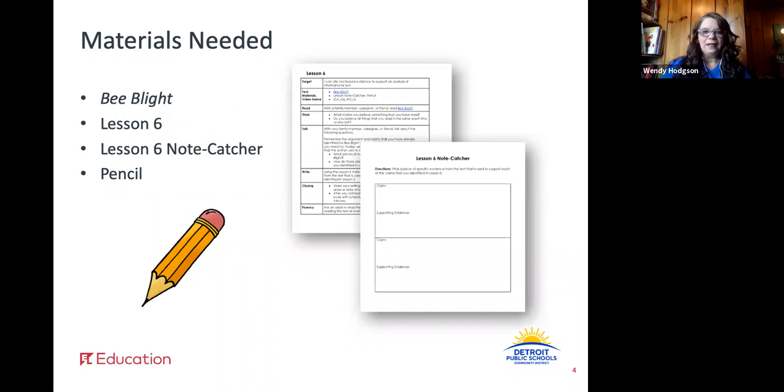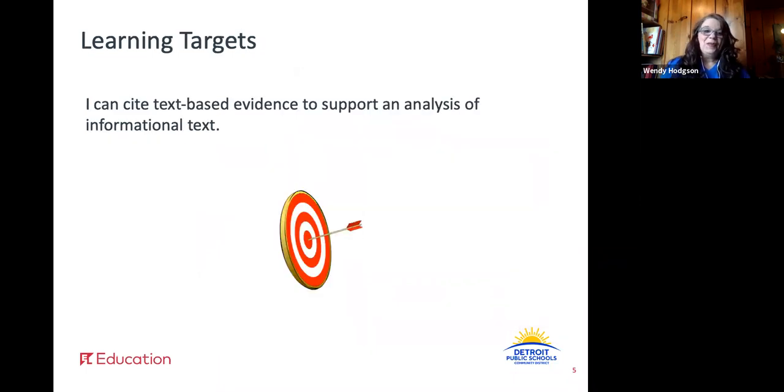All right, fantastic. Ready to jump into lesson 6. We have one learning target today, and it says, I can cite text-based evidence to support an analysis of an informational text. So the article that we are reading this week is regarded as an informational text.